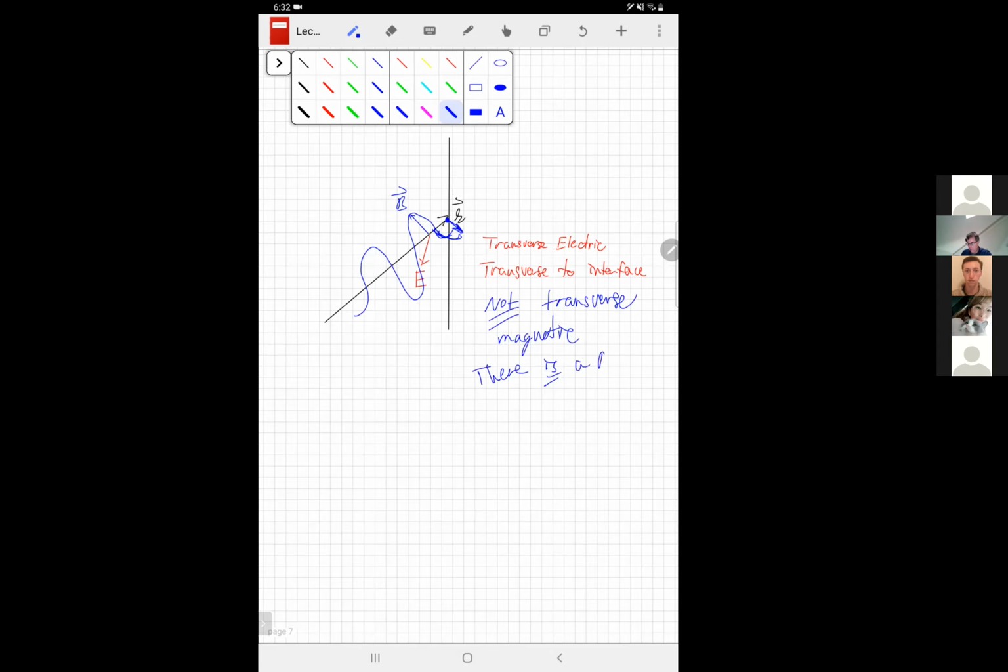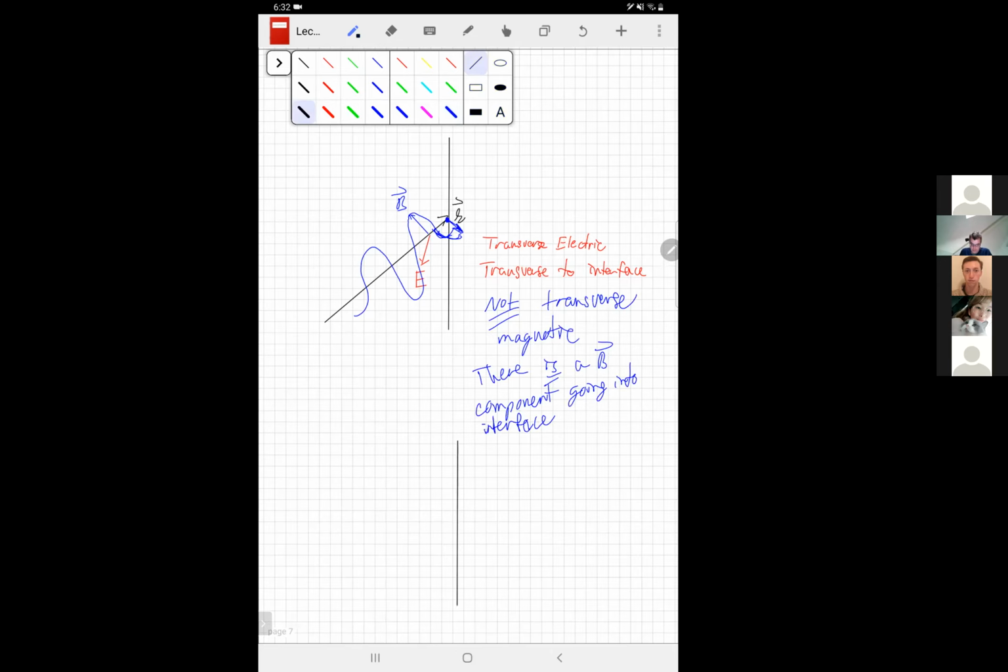There is a B component going into the interface. On the other hand, we could come up with a transverse magnetic field.